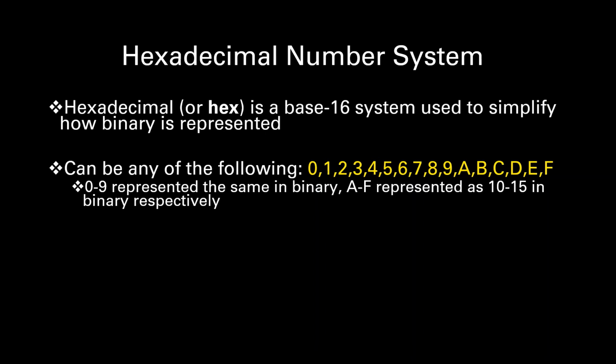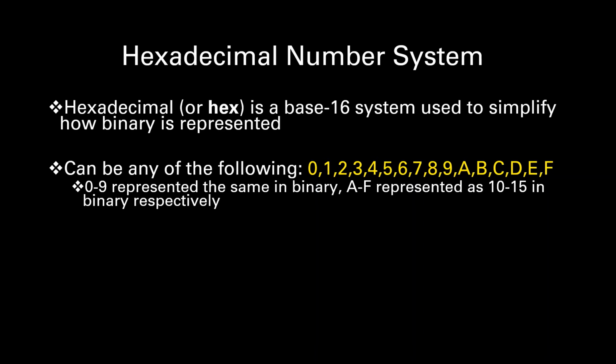And A to F represent values of 10 to 15 in binary and decimal. So the character A in hexadecimal has a value of 10. B has a value of 11. C has a value of 12. D has a value of 13. E has a value of 14. And F has an associated value of 15.